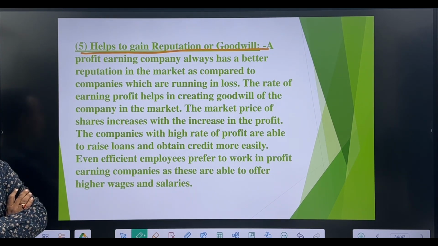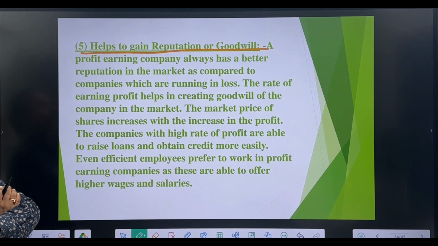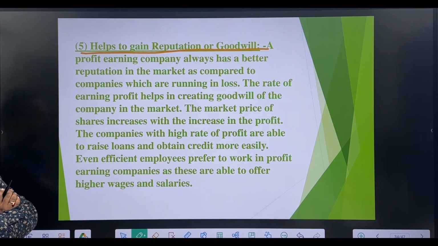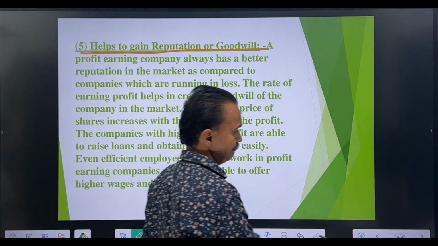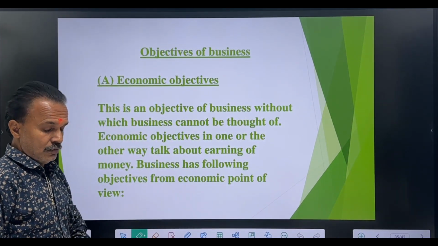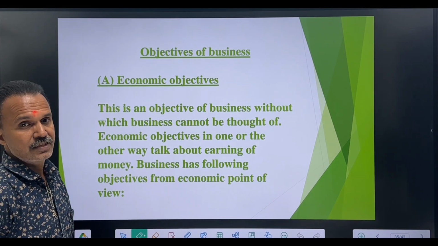So profit is the symbol of reputation or goodwill. Profit helps the businessman in gaining reputation or goodwill. These are the roles of profit in the business.